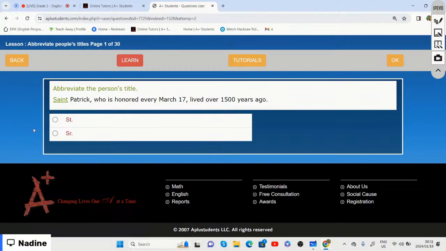So we need to give the abbreviation. Is it the first option, which is ST period, or the second option, which is R period, for saint? So option one or option two, where we abbreviate the person's title, which is saint.